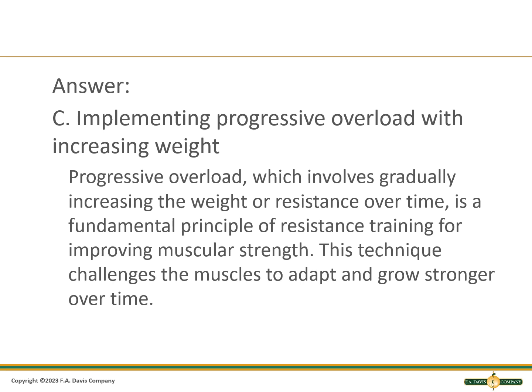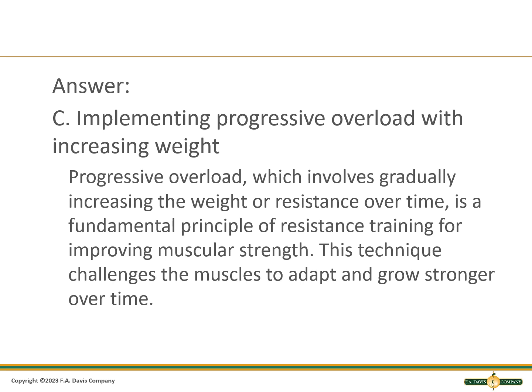Progressive overload, which involves gradually increasing the weight or resistance over time, is a fundamental principle of resistance training for improving muscular strength. This technique challenges the muscles to adapt and grow stronger over time. Now, there may have been some of you who were tempted to pick the eccentric contractions only option, and this is a board style question, where you're going to have two answer choices that both seemingly are right, but which is the best one?